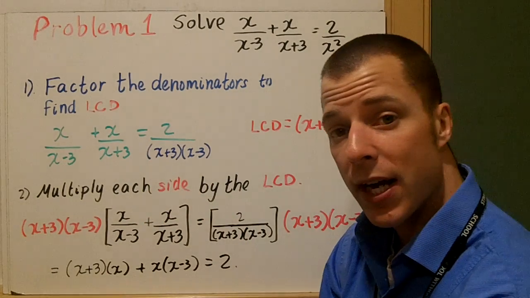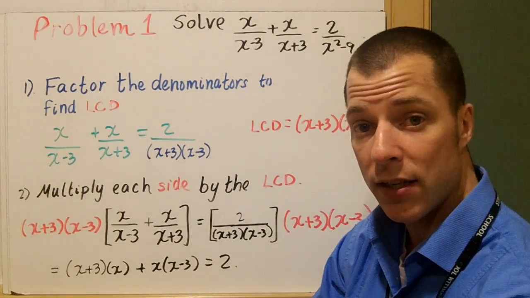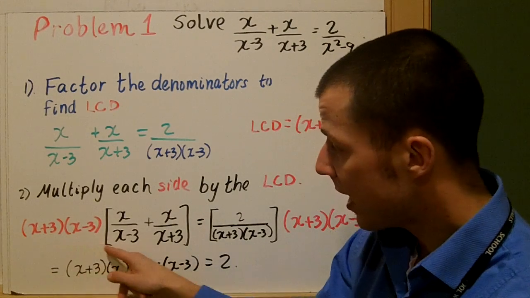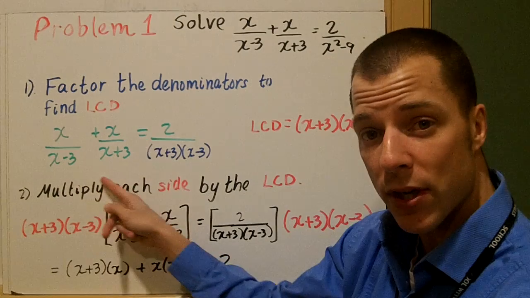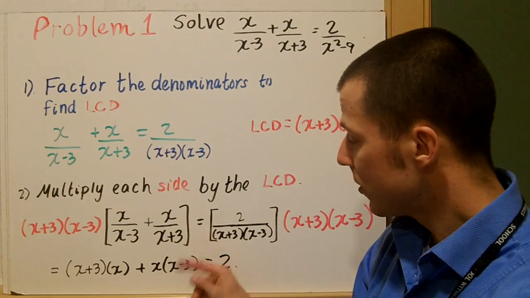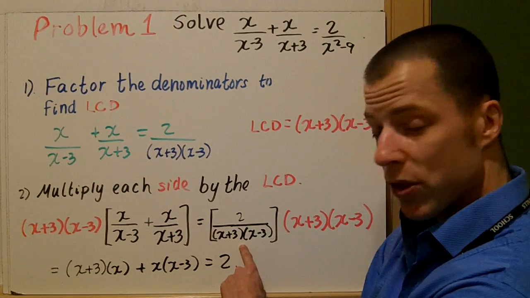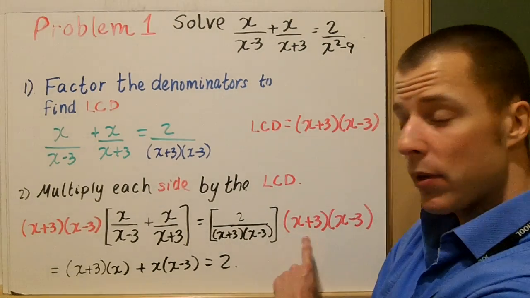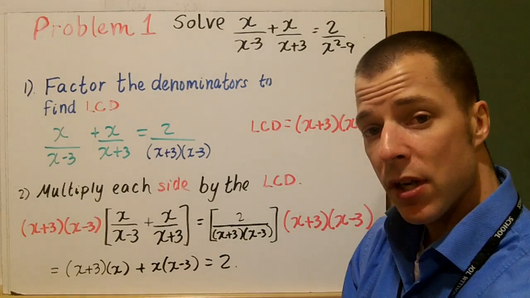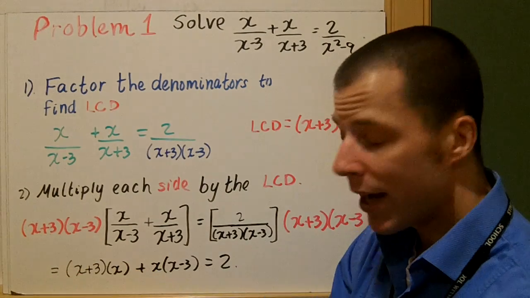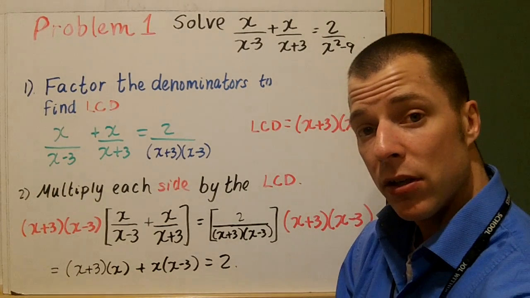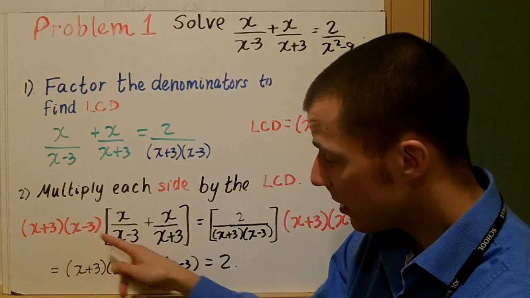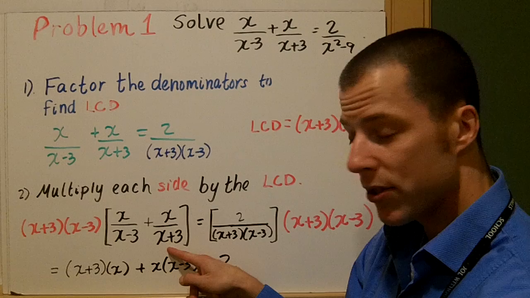So what we have to do now is multiply each side by the LCD, and you can see this in red. So there's the LCD times the left side of the equation, that's equal to the LCD times the rational expression here. Okay, so once we multiply each side by the LCD, we use the distributive property. So you're actually going to distribute this LCD to this term and to this term.